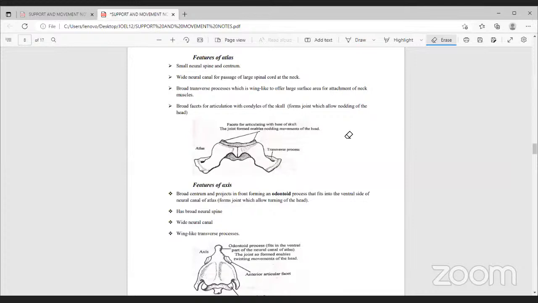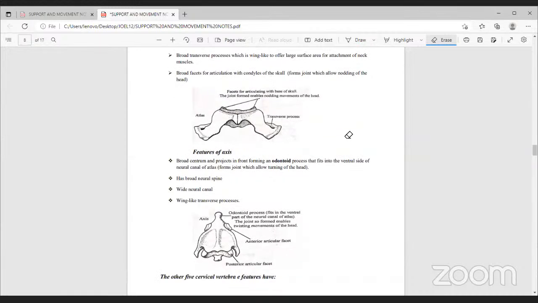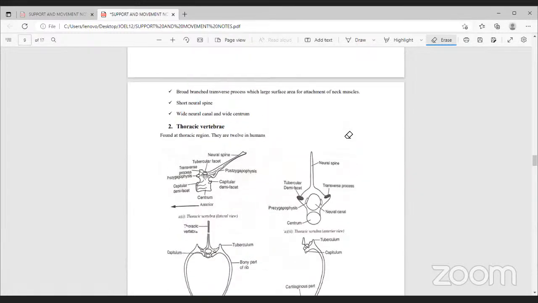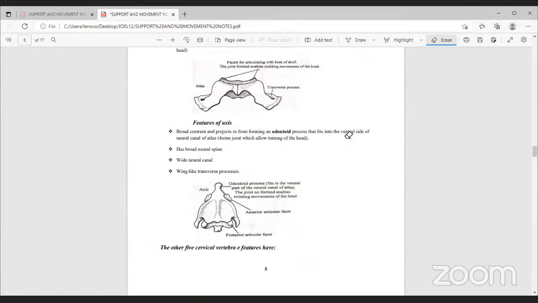Then we have the second one. If you are taking notes, you need to leave some lines, like 4 or 5 lines, to draw a diagram of the axis. Then we have the second bone there.